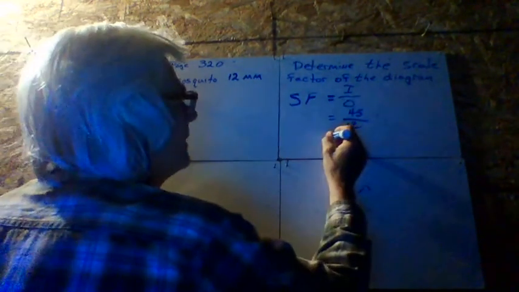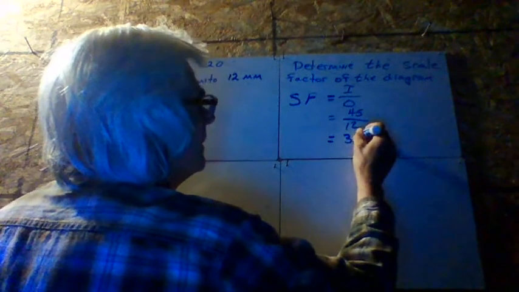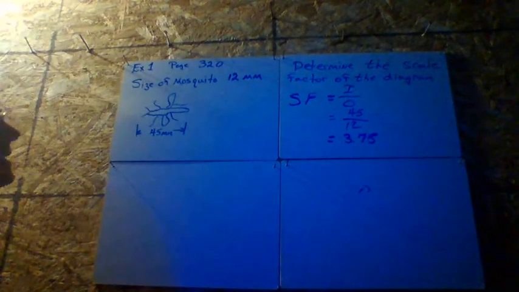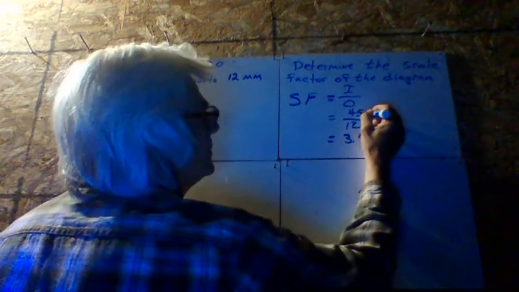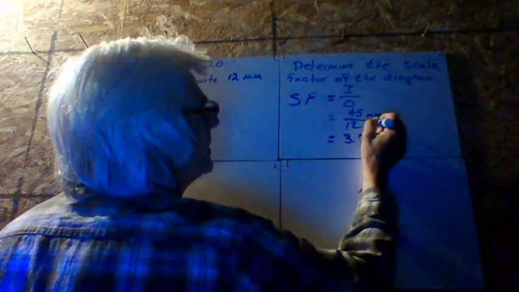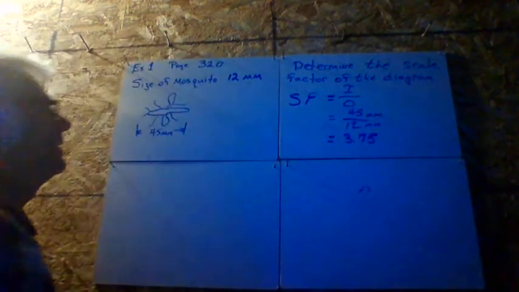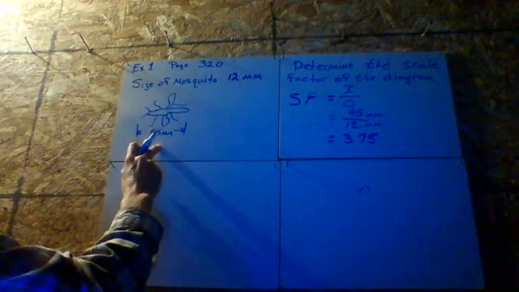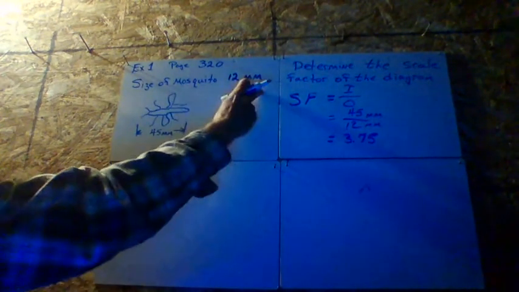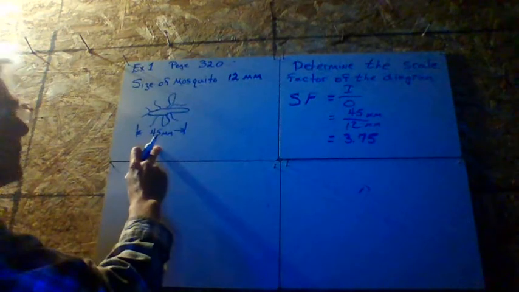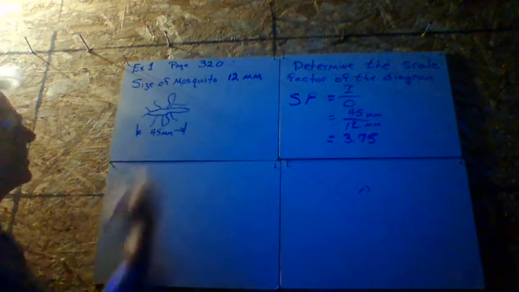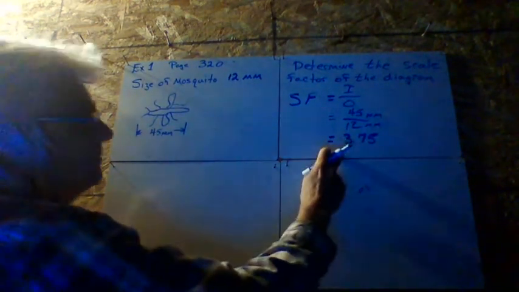When I do that, I get 3.75. Again, it's important that this unit and this one have to be the same units. They gave 12 millimeters here, so you can't say 4.5 centimeters. It must be in the same units. That's the scale factor.